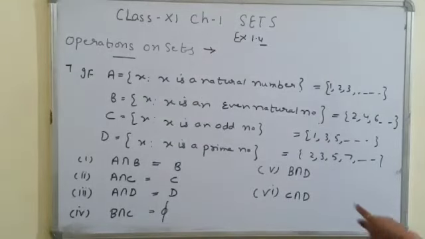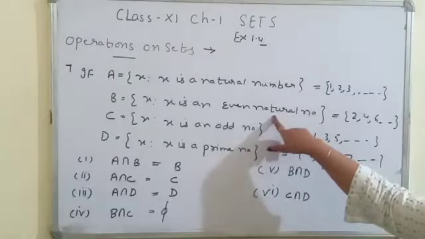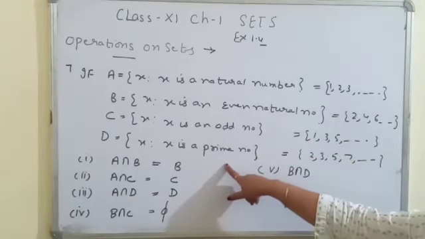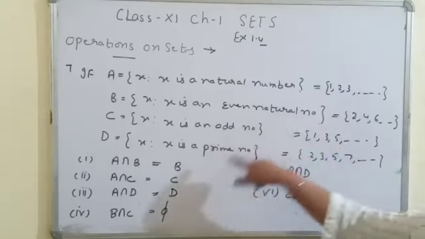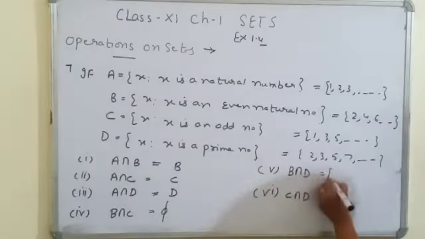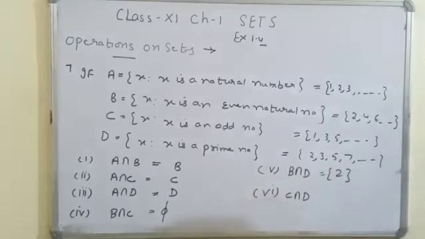Now the fifth part, B intersection D. Let's see the relationship between B and D. B is the even natural numbers and D is the prime numbers. We have to write the number which is even as well as prime. There is only one such element, that is 2.